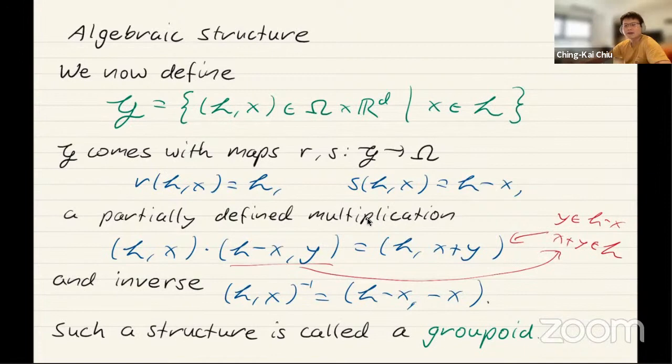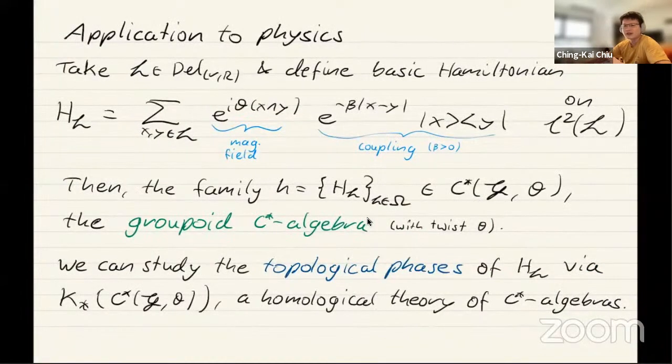I see. And the next question is, once you have this Delone set, you can go to a C-star algebra and classify the topological phases. Right? That's the basic idea anyway. Yeah.